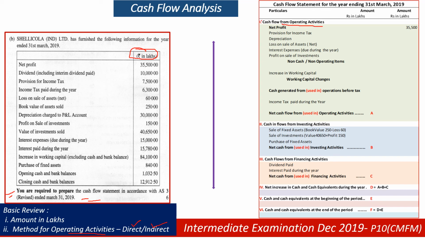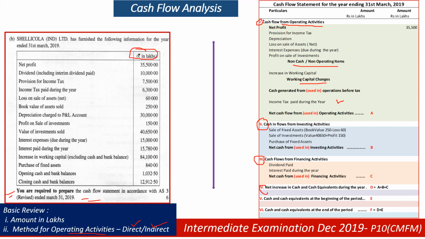We will keep the template standard: cash flow from operating activities, cash flow from investing, cash flow from financing, net increase, and in case of operating, we have got non-cash and non-operating items and working capital changes before we make the payment of income tax.